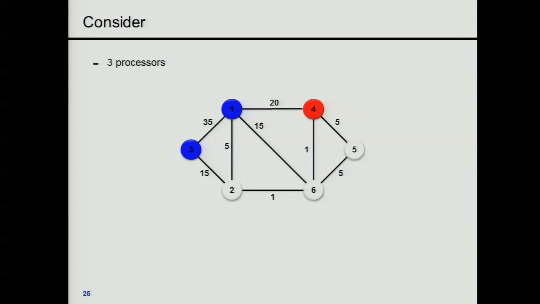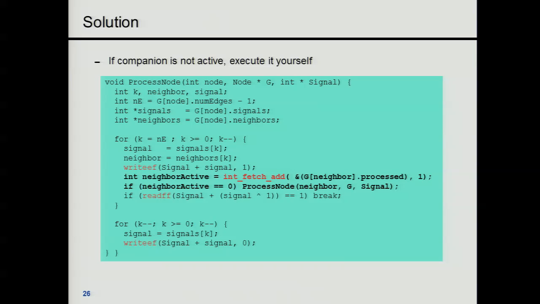But there's actually a very simple solution to this, and that is that instead of having an edge sit there and wait if the neighbor that it wants to choose hasn't been scheduled, it simply does a recursive call and goes ahead and schedules and executes it itself. So the fix is basically I ask, is this neighbor of mine being processed?